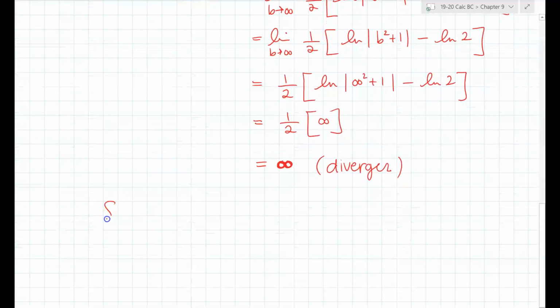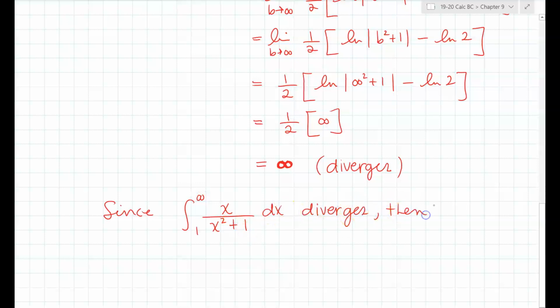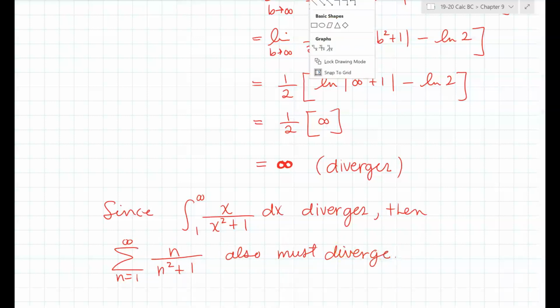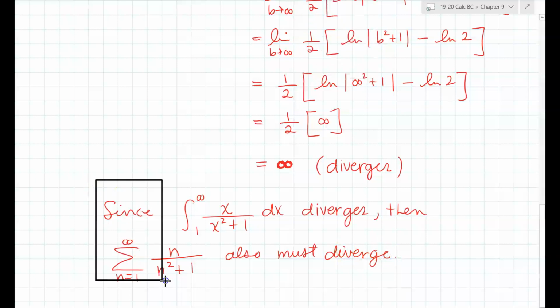So I'm going to write, since the integral from 1 to infinity of x over x squared plus 1 dx diverges, then the series as n goes from 1 to infinity of n over n squared plus 1 also must diverge. So that's the answer for that problem.